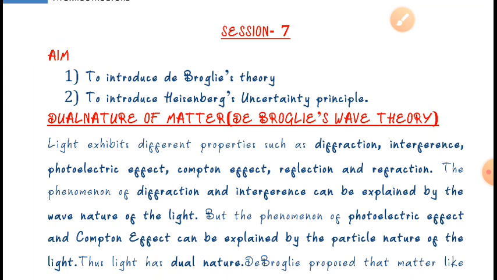Now we will see the dual nature of matter and what the de Broglie wavelength theory is. We will take some ideas from the previous lecture.